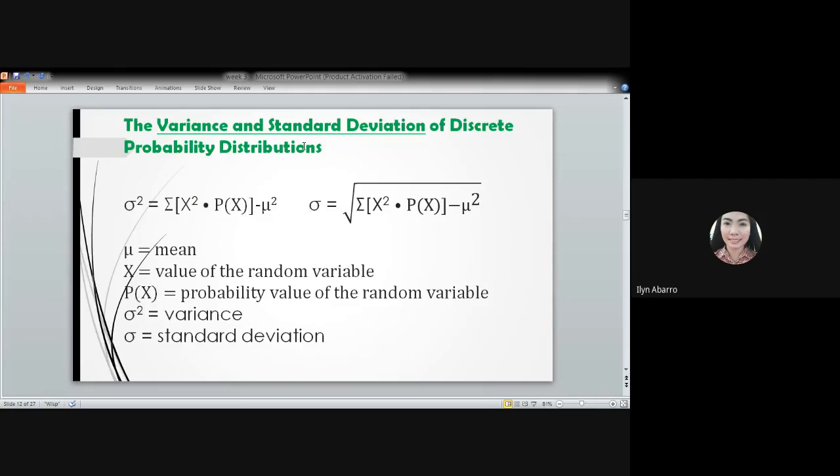Ibig sabihin, gaano kakalat-kalat or ka-consistent yung ating data. So, alam natin, when you were in grade 8, this was already tackled, na kapag ang standard deviation ay maliit yung answer, so better yung performance or good yung quality ng score. Kasi consistent siya. Maliit yung kanyang difference.